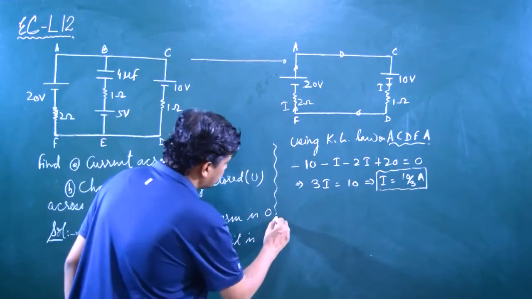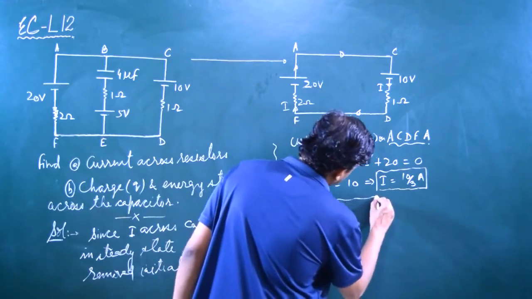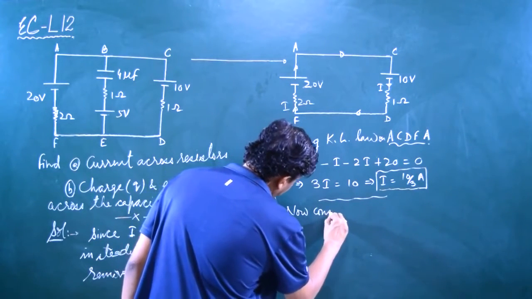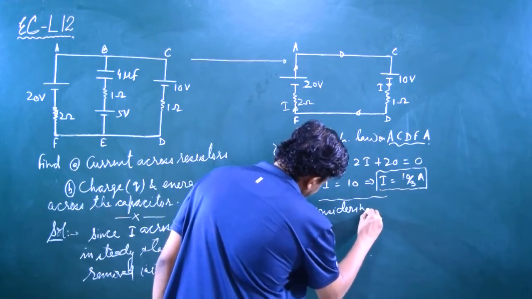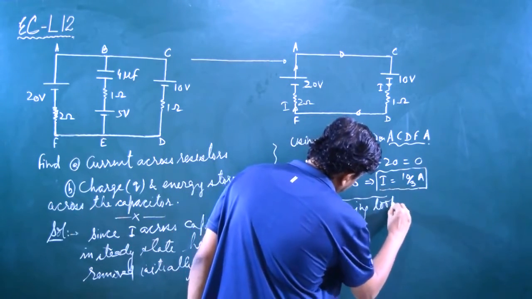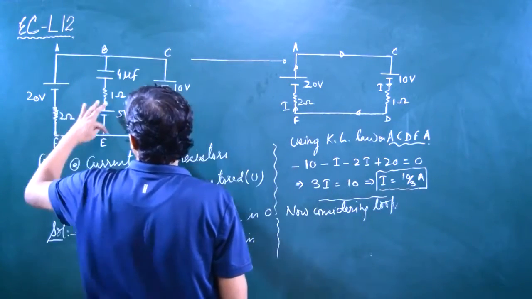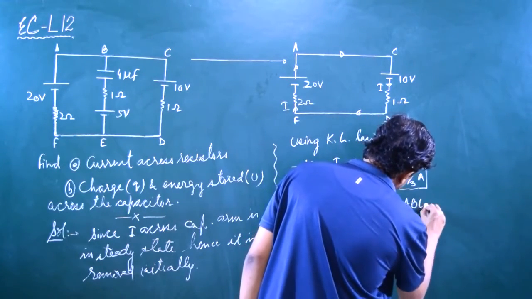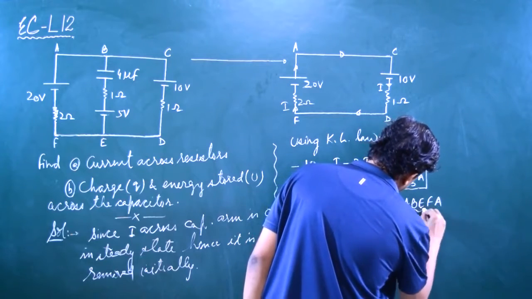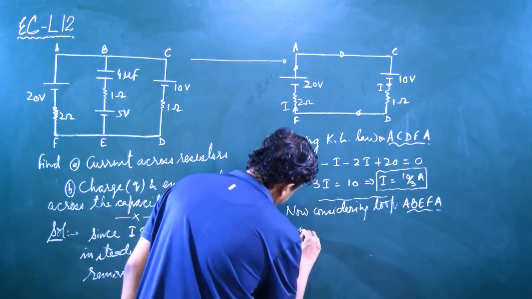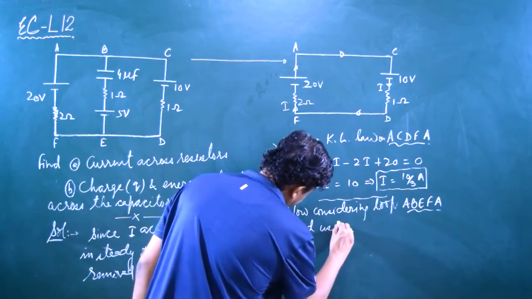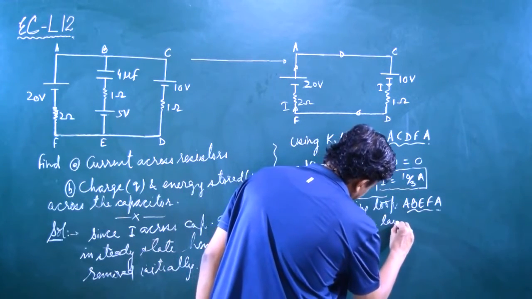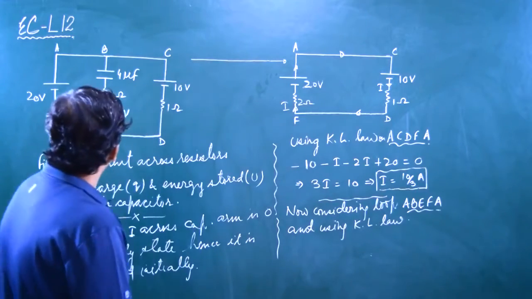Now we consider a loop, suppose this loop A, B, E, F, A, using Kirchhoff's loop law. See what we get.